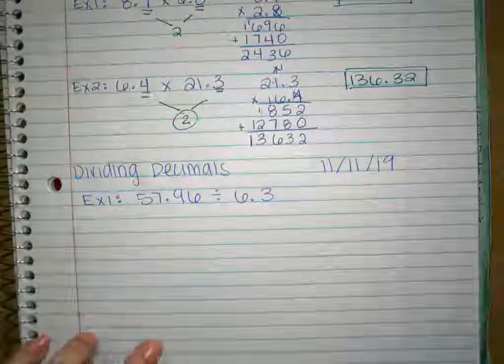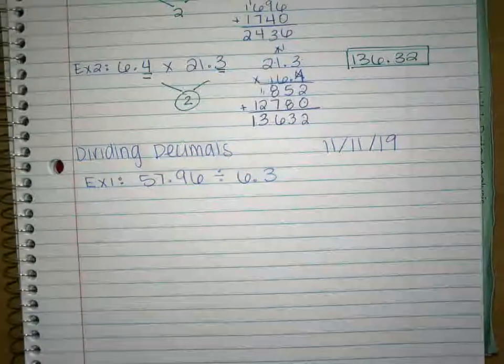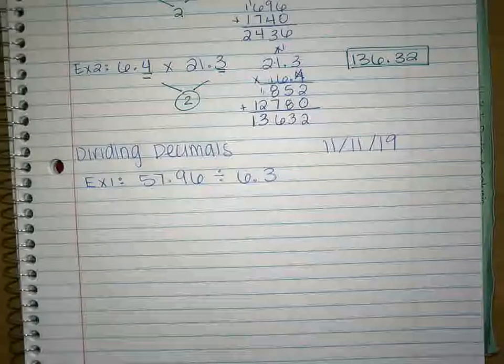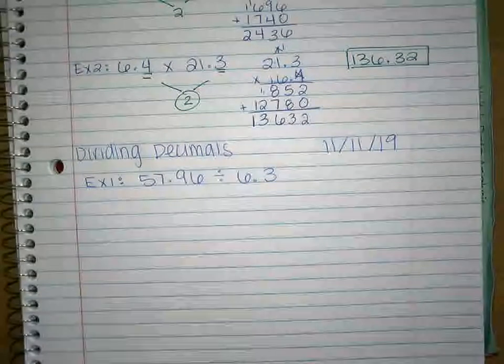So 57 96/100, so 57.96, and we're going to divide it by 6.3, or 6 and 3/10.